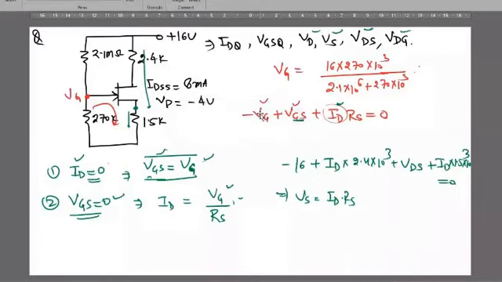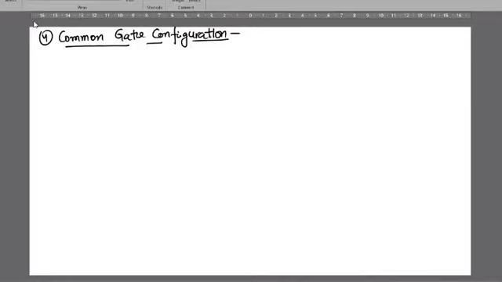Next one is the common gate configuration of FET. Till now you were studying the common source configuration.